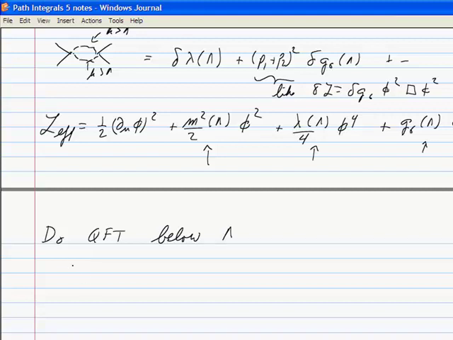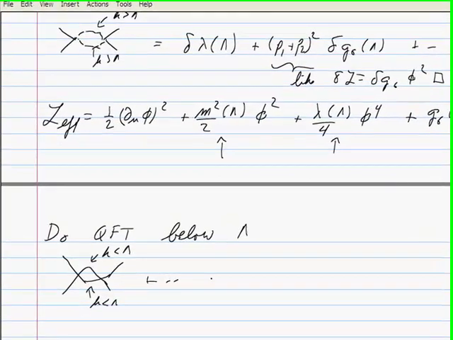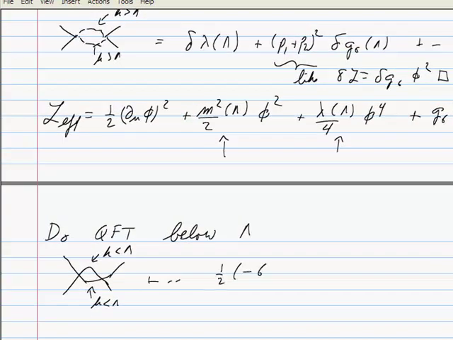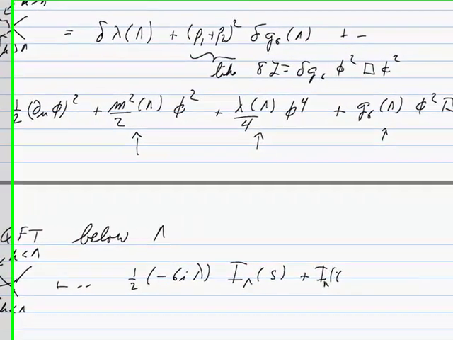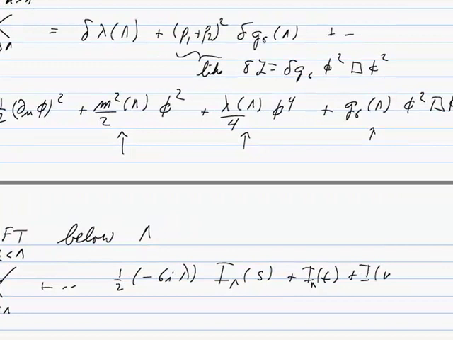the scale lambda. So when I'm doing this, I'd still calculate diagrams like this, where this is k less than lambda, this guy's k less than lambda also, etc. So you're going to get one half minus 6i lambda from this. You get some I of s plus I of t plus I of u.